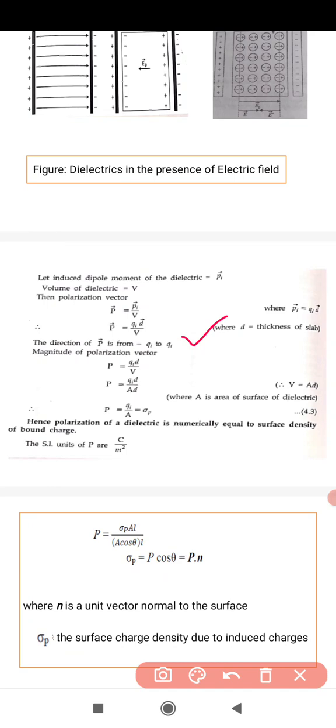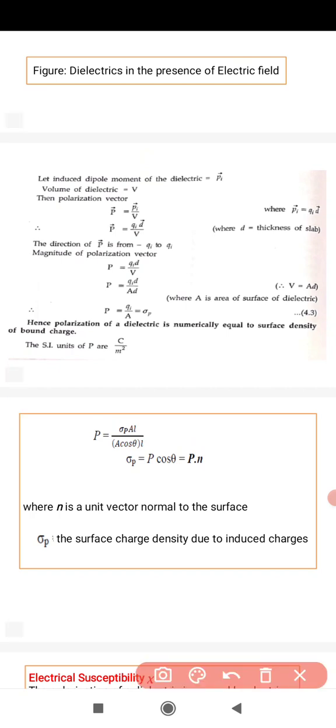The magnitude of the polarization vector is represented by capital P equals Qi into d divided by V. The volume is defined as area into distance, the thickness of the slab. So V equals A into d, where A is the surface area of the dielectric material.